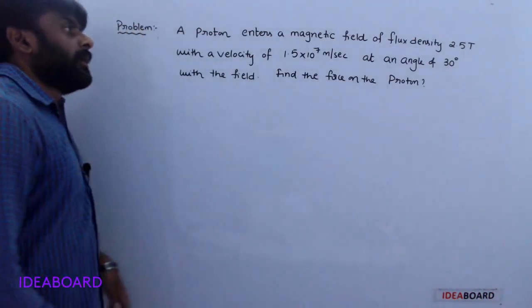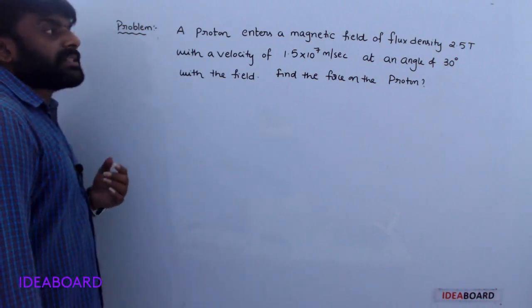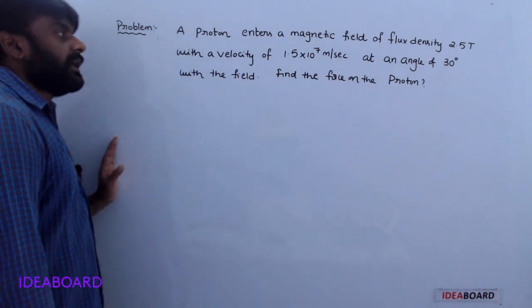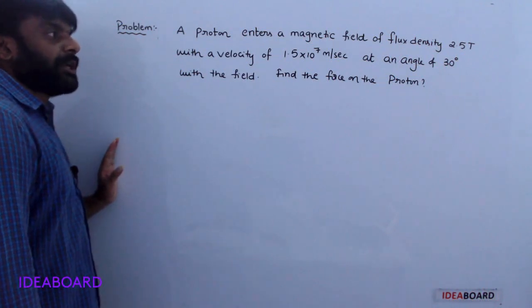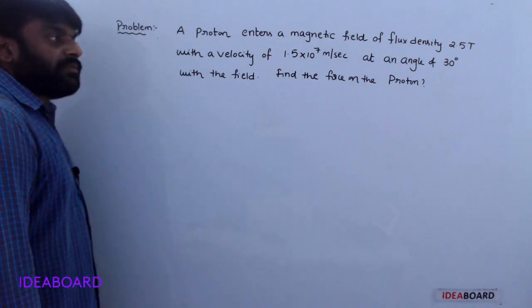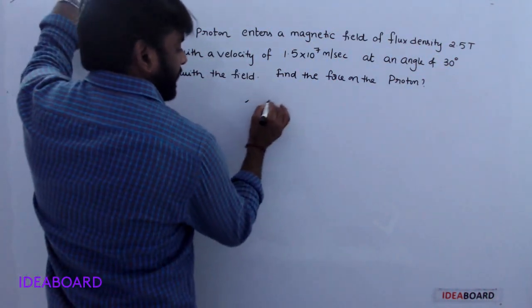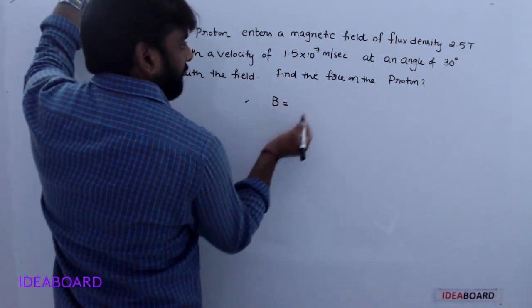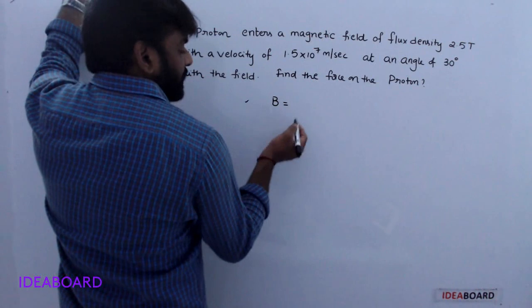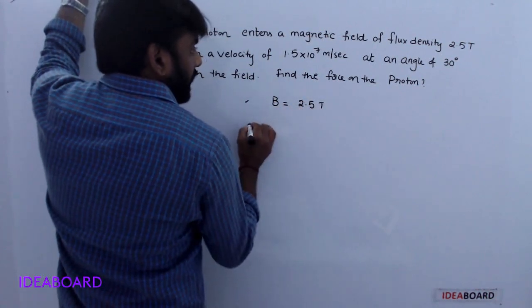One problem. A proton enters a magnetic field of flux density 2.5 Tesla with a velocity of 1.5 into 10 to the power of 7 meter per second at an angle of 30 degrees with the field. Find the force on the proton. First of all, given data. B, magnetic field flux density or intensity, 2.5 Tesla.